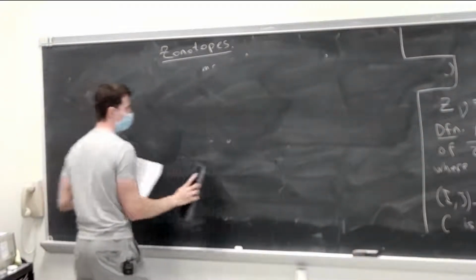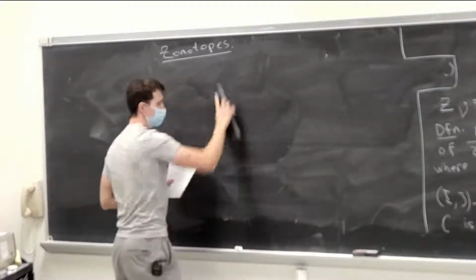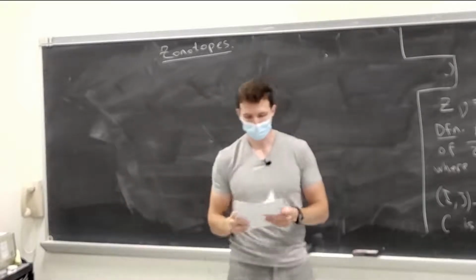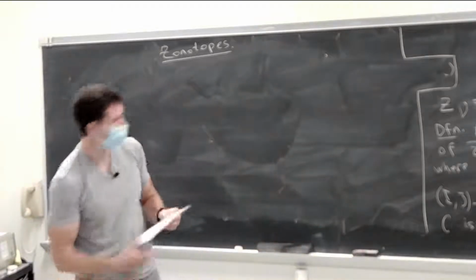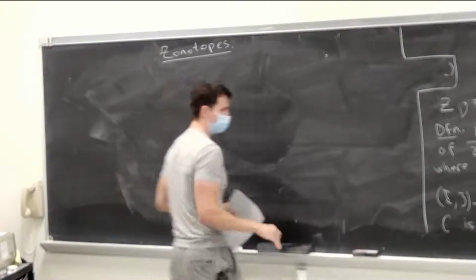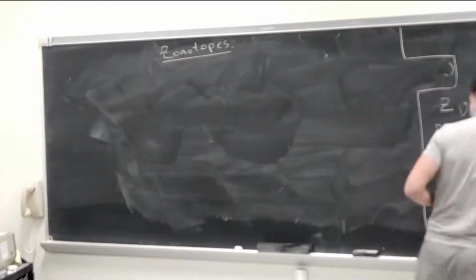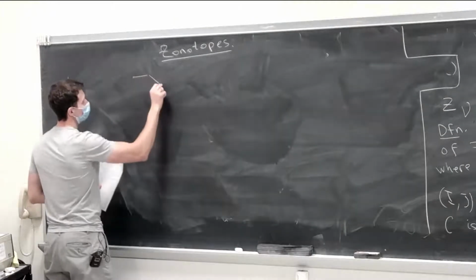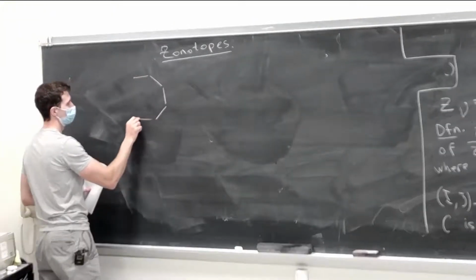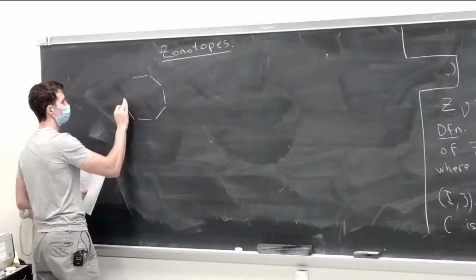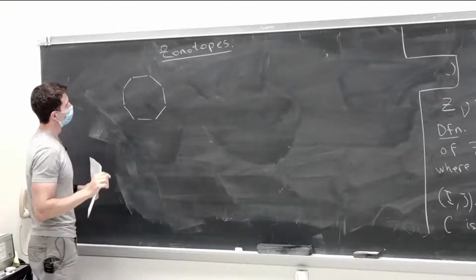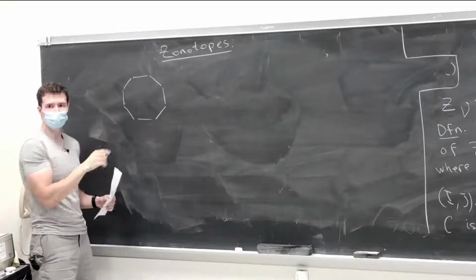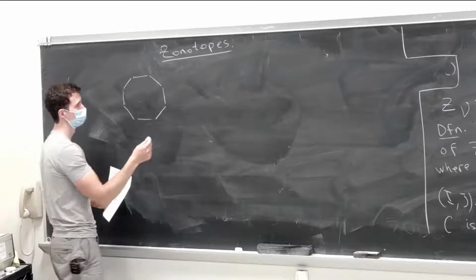So this is a long definition. Now let me try an example. Let's say I take some zonotope, and my favorite two-dimensional zonotope is the octagon. I can take any centrally symmetric 2n-gon; all of these are zonotopes. Maybe I take this one. This octagon is a sum of 4 line segments.